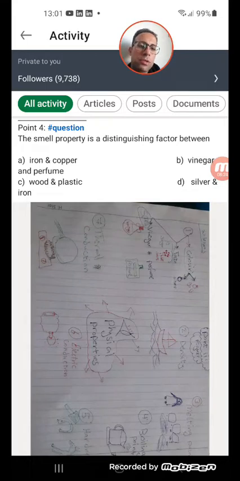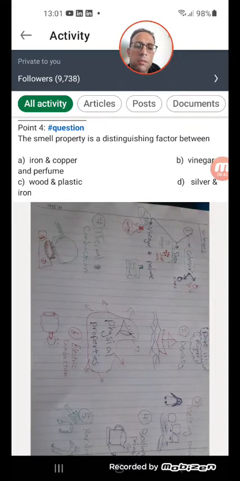For iron and copper, I think the first thing is color, like silver and gold, same, iron and copper. We do not get confused because of changing the metals.